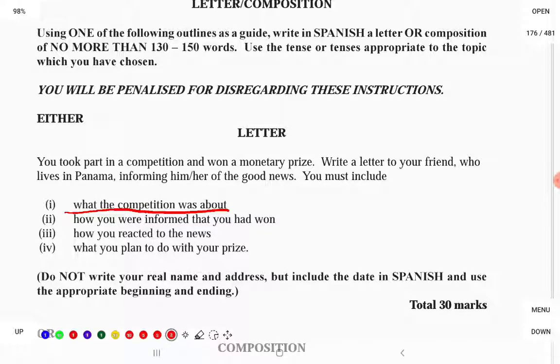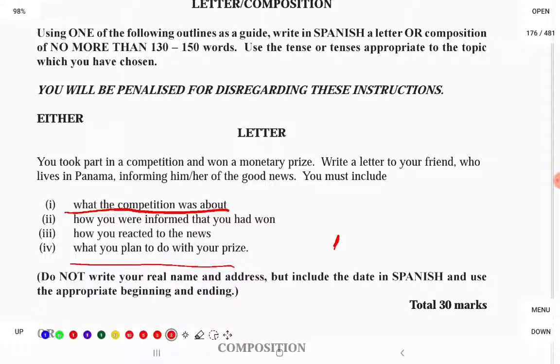And what you plan to do with your prize: I'm going to buy a pair of shoes, a laptop, a computer, a phone, a video game. And that's literally it. So you get letters with one paragraph, two paragraphs, and you see the limited vocabulary, the grammatical structures, the poor use of tenses, etc. No idioms, no idiomatic expressions, nothing of the sort.